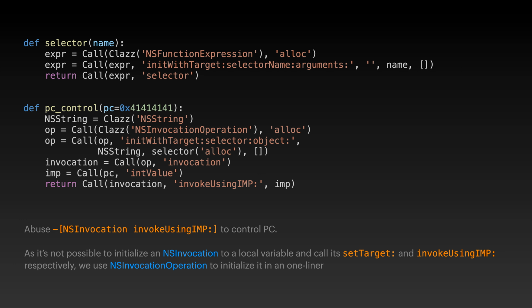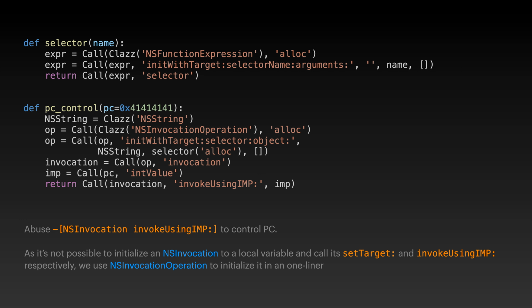Due to the limitation of NSExpression, we cannot just assign a newly created NSInvocation to something like a local variable and call its different selectors multiple times. Here we use a gadget for NSInvocation operation to initialize an NSInvocation with a valid target in a one-liner expression.